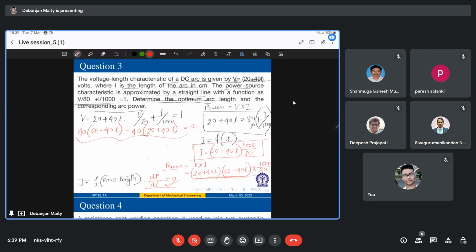So from this quadratic equation, you can find out L. And whenever you get L, you just put that L value in your power function to find out the corresponding arc power when you have this optimum arc length.